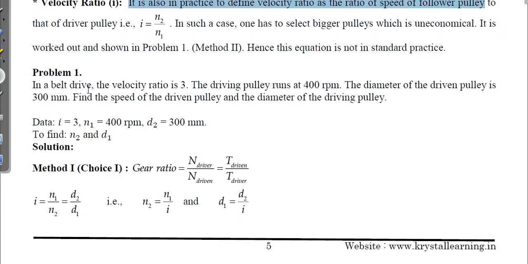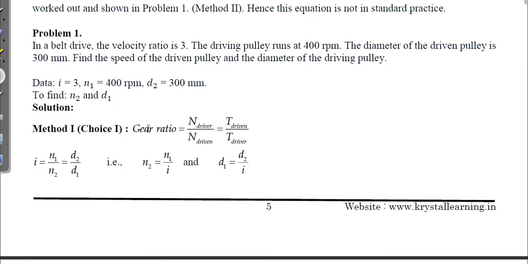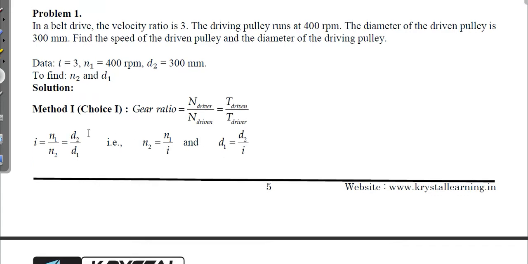In this example, the velocity ratio is 3, the driving pulley RPM is given, and the driven pulley diameter is given as 300 mm. We have to calculate the RPM and the diameter of the driving pulley. For choice 1, the gear ratio is defined as N driver upon driven, so N1 upon N2 equals D2 upon D1.